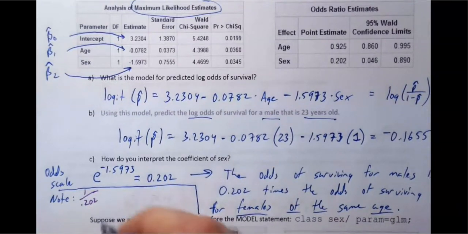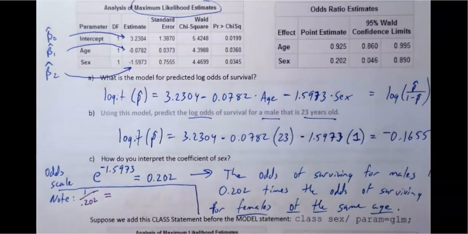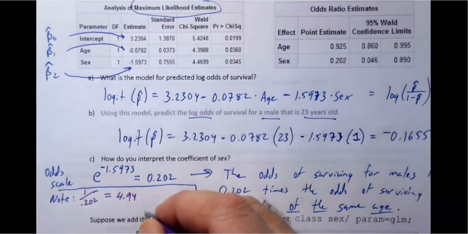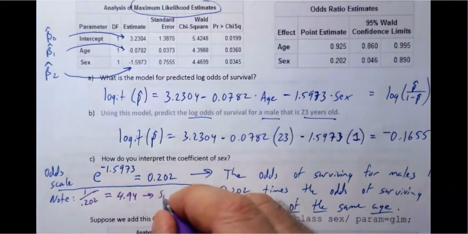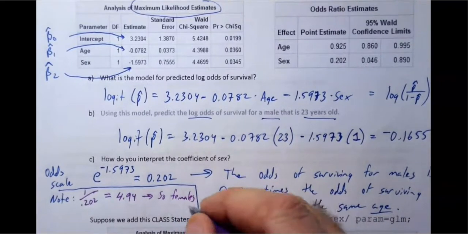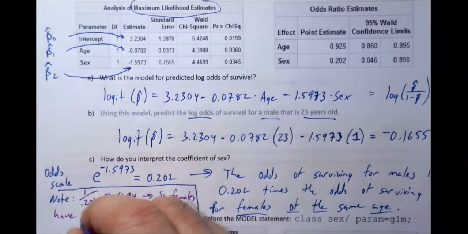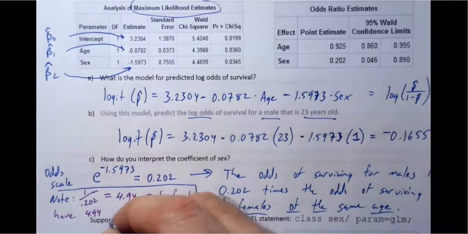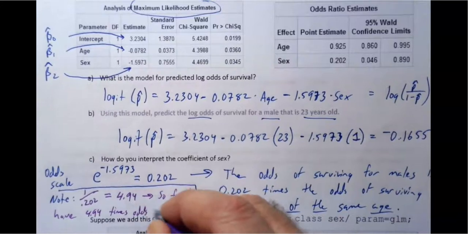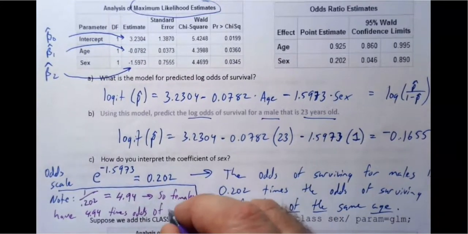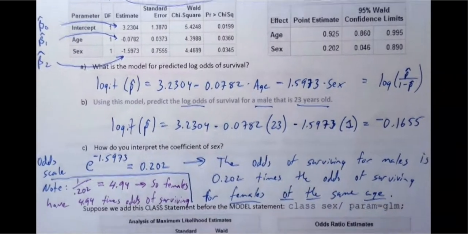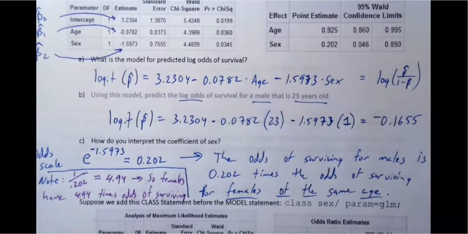If I take 1/0.202, that will give me the odds the other way around for females relative to males, 4.94. So you can also interpret this the other way around, if you're so inclined. You can say females have 4.94 times the odds of surviving than males of the same age. I ran out of room, so I'm not going to write that all out.